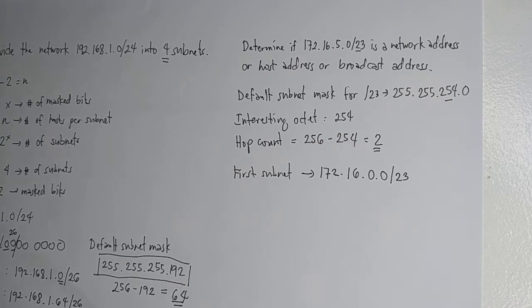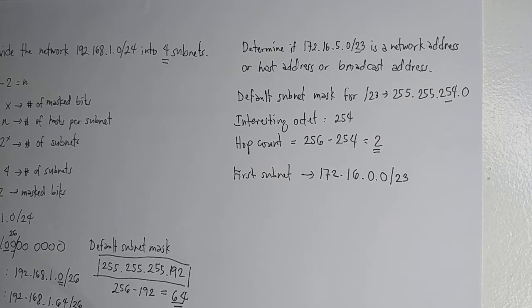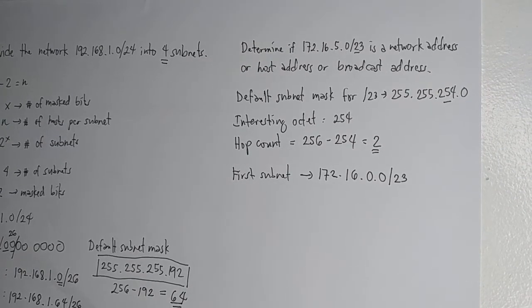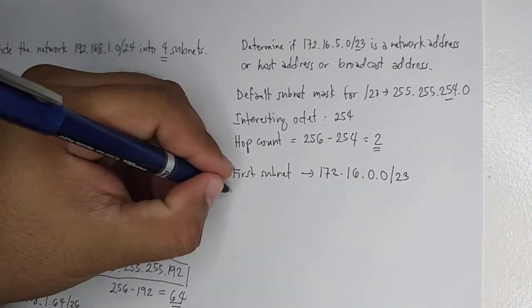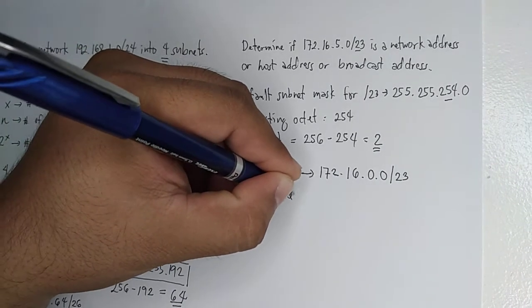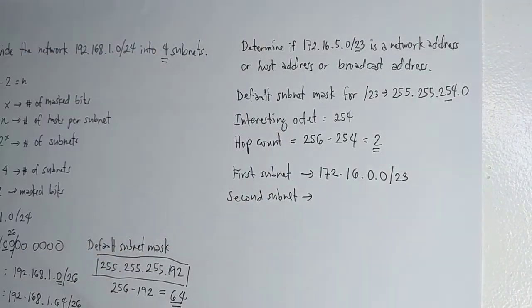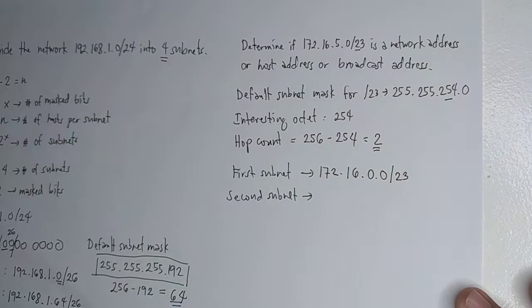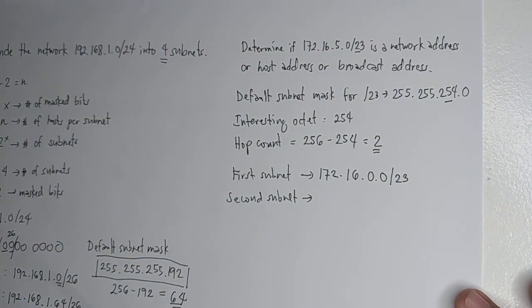Okay, so we have 172.16.0.0/23 as the first subnet. Now the second subnet. There are 2 hops, and where do we put the hop count? After our network address.